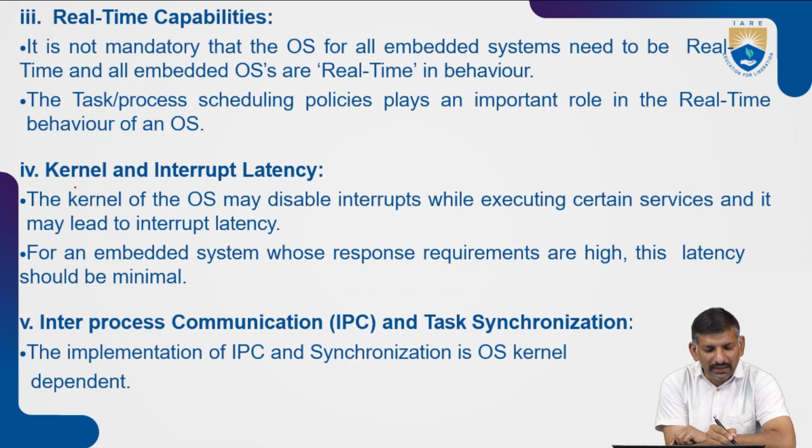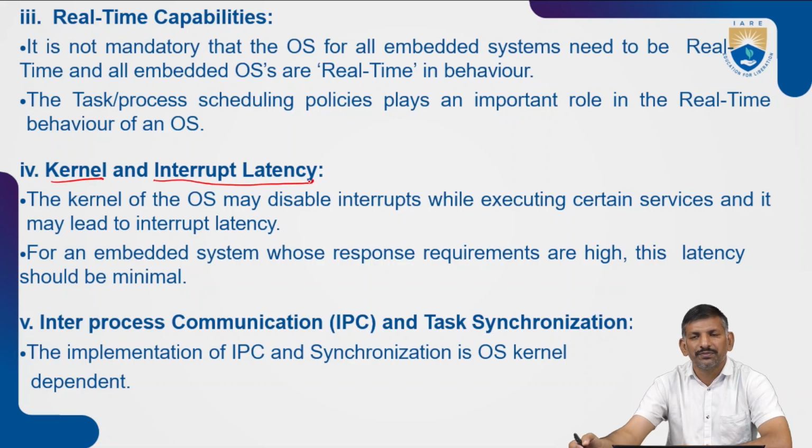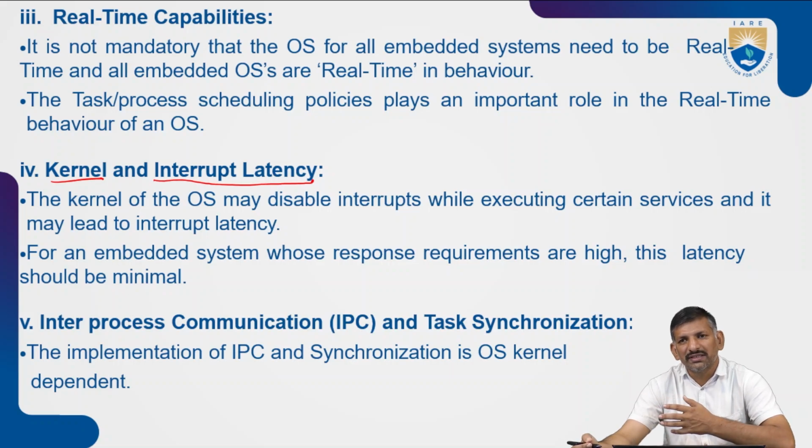Next, kernel and interrupt latency. The kernel of the operating system may disable interrupts while executing certain services, and it may lead to interrupt latency. While doing the highest priority task, some of the services may be blocked, so interrupts will be disabled.